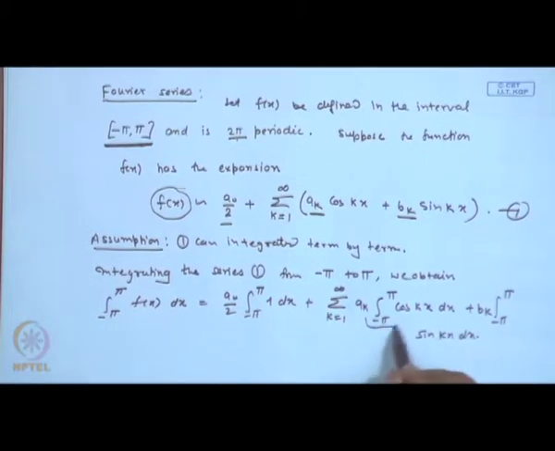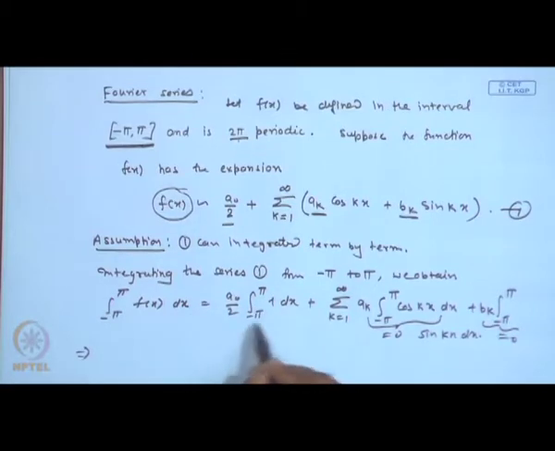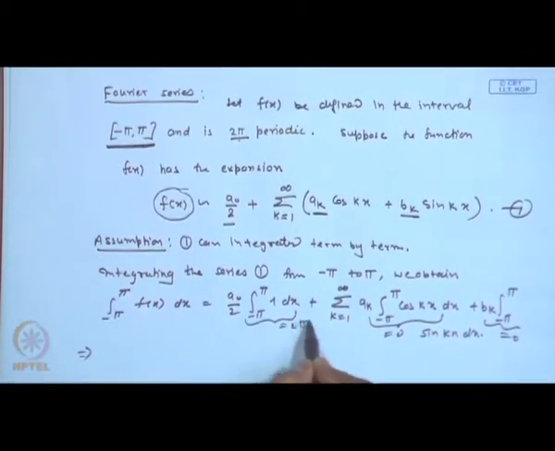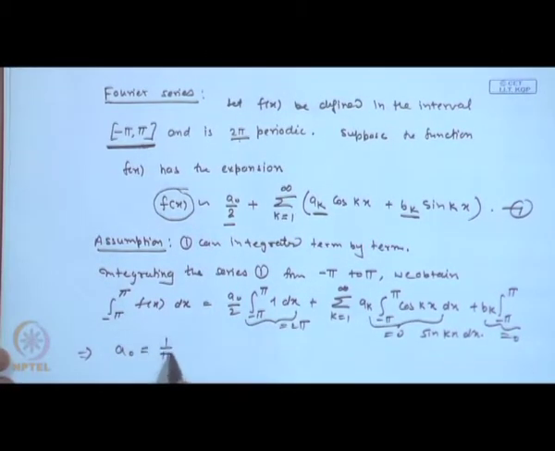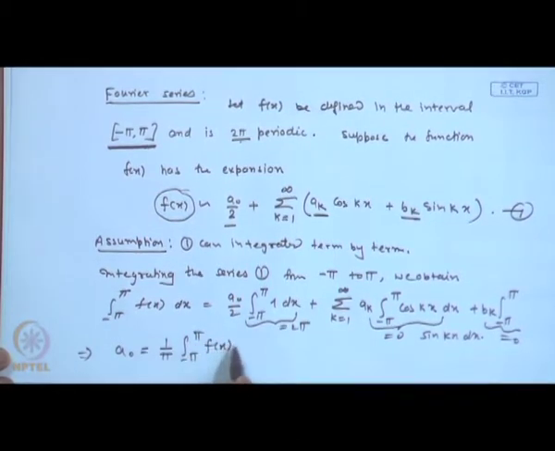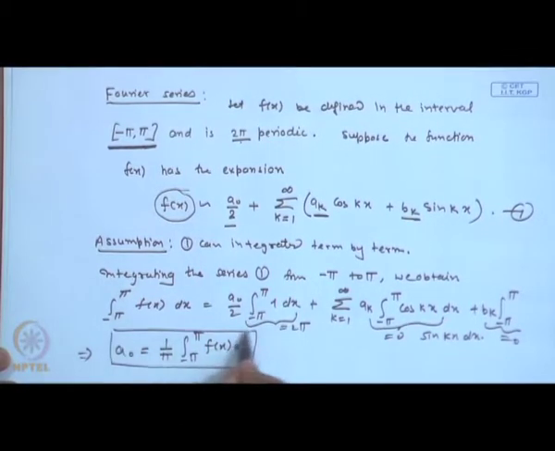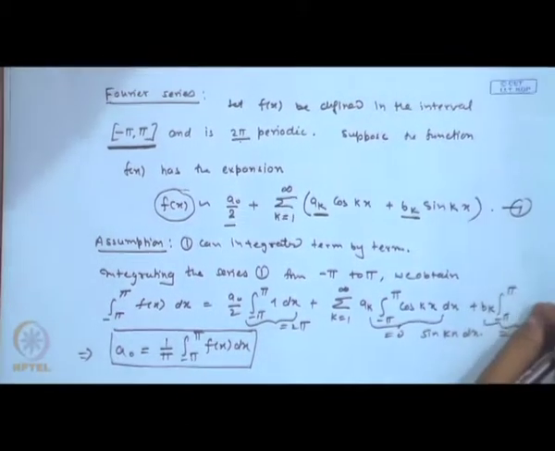Both these integrals are 0, as we have just seen. So, what we get from here is that, because this integral will be 2 pi, we have a naught times pi. So, a naught is 1 over pi times the integral from minus pi to pi of f(x) dx. So, we have obtained this a naught, one coefficient of that series.